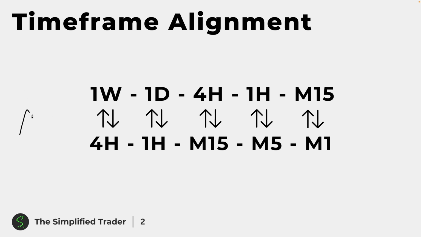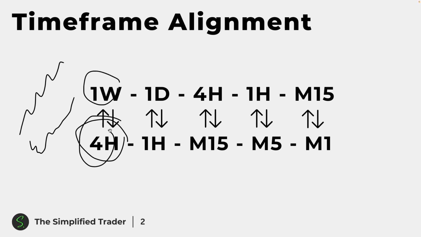So if the weekly is bullish, how do we align the weekly to the 4-hour? Now, if the weekly is bullish, we are going to wait for the 4-hour to turn bullish as well. When the 4-hour is bullish, we have the weekly and the 4-hour in alignment.